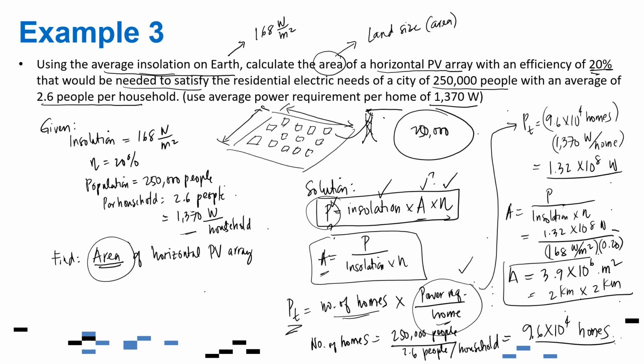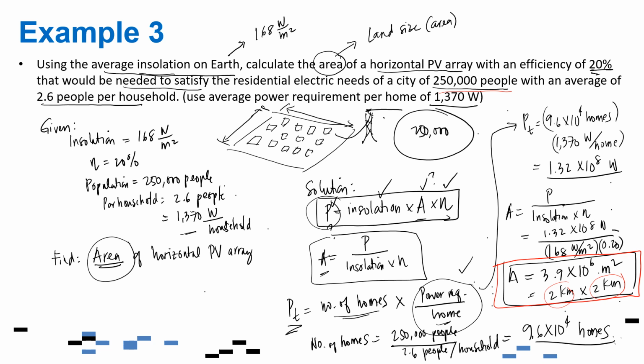So this is the final answer for this problem. You can see that this is 2 kilometers by 2 kilometers. This is not a small area. It's still a big area to provide for this number of people.